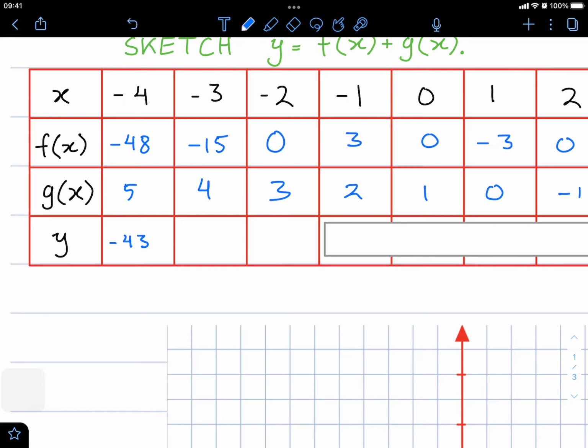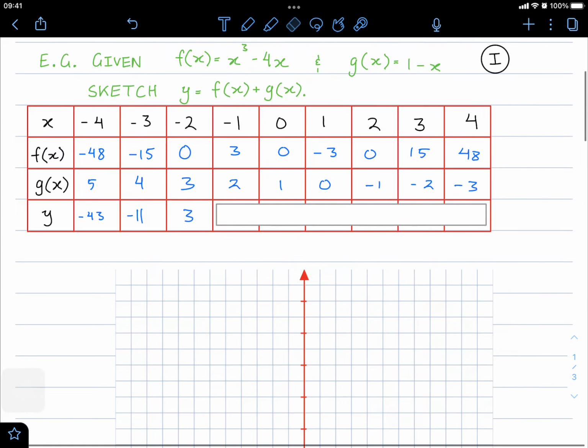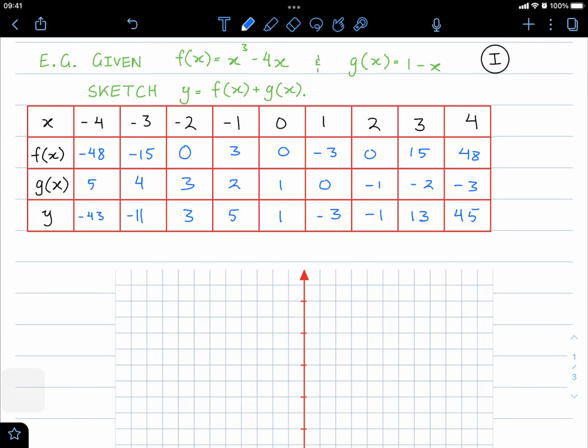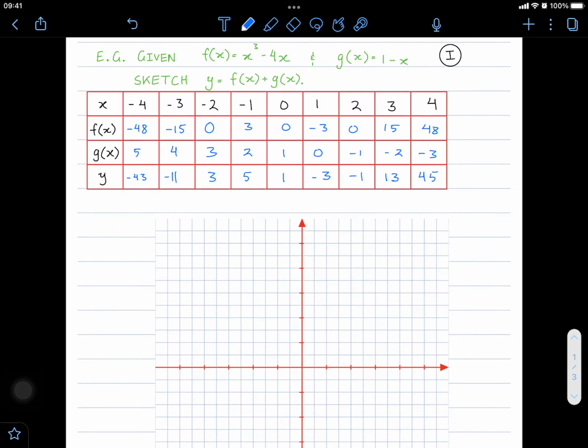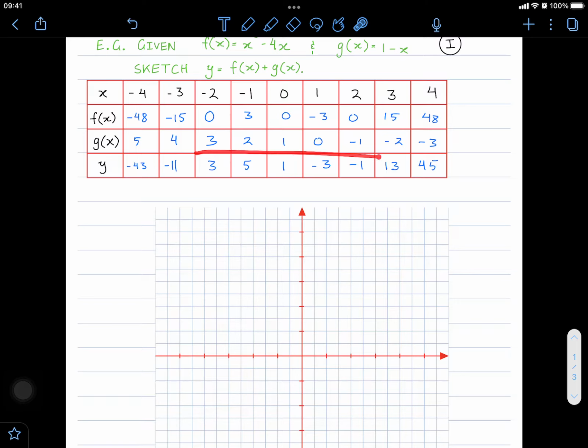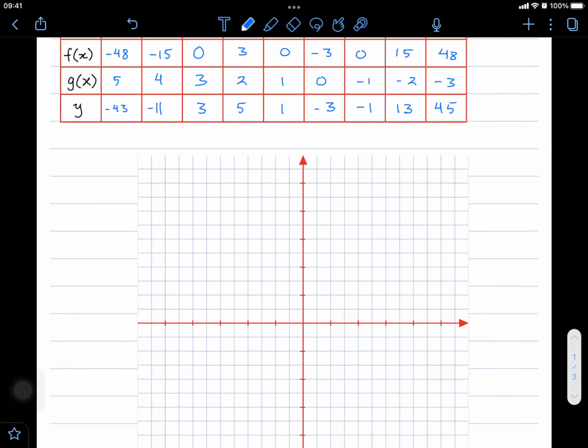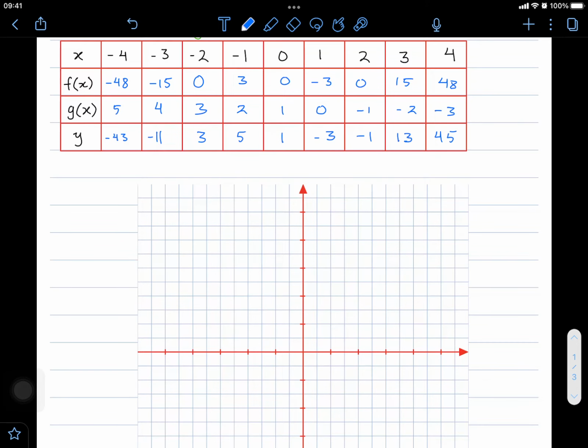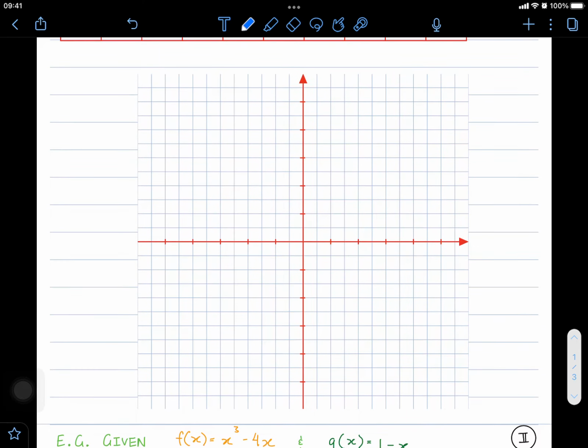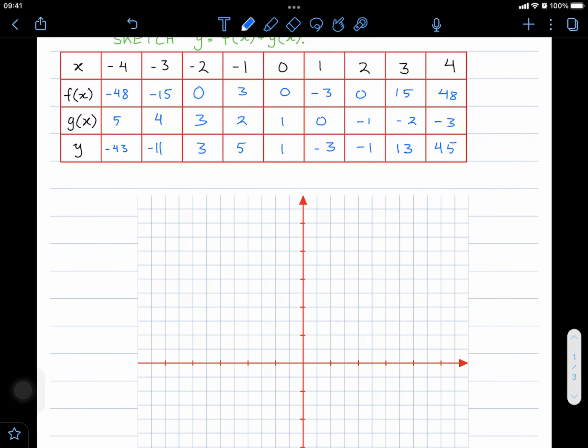Negative 15 plus 4 is negative 11. 0 plus 3 is 3, and so on. Now from here, we simply take all these points along the bottom row and plot them and sketch them together. So negative 4, negative 43, that's too negative for me to sketch.